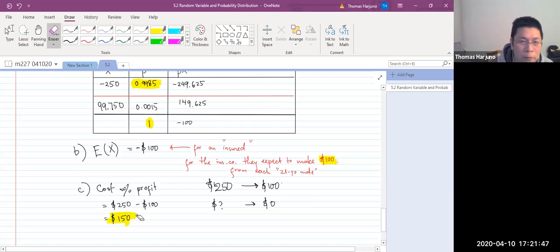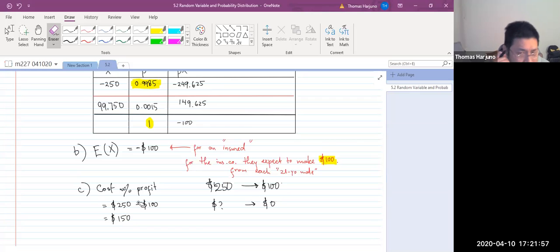No, you may say, but Thomas, from each person they make $100 though. Okay, so if they have 10,000 people to insure, they already make $1 million. Well, don't forget, for each person they deal with, they have some effort that they need to do, right?